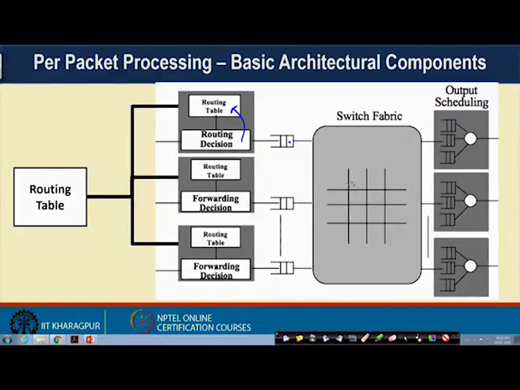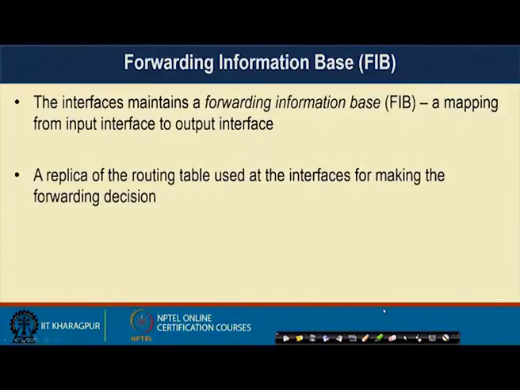switch fabric, the fabric logic, which makes a mapping from the input queue to the output queue. This output queue is connected to the output interface through which the packet is forwarded. Now, as I have mentioned, every router interface can work as an input queue as well as an output queue. So, the interfaces maintain a forwarding information base, which is the local routing table.